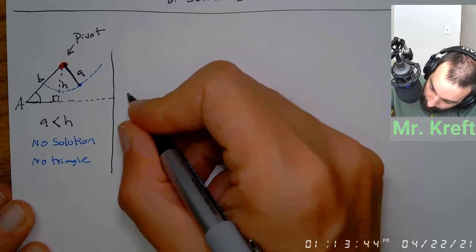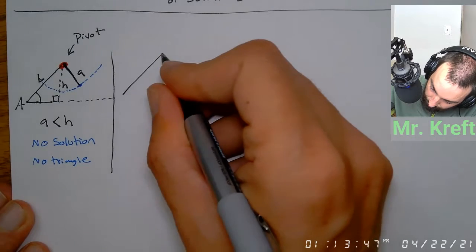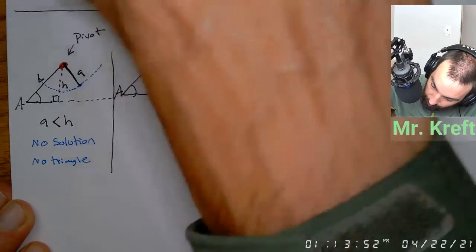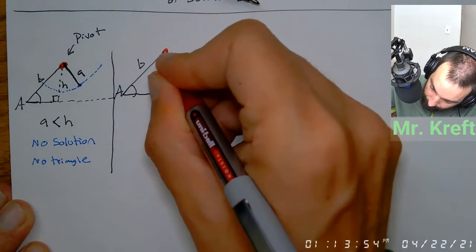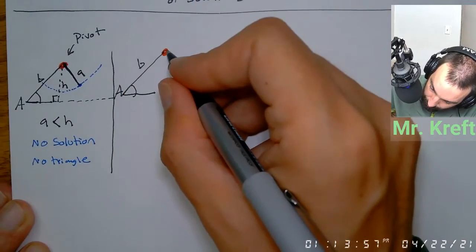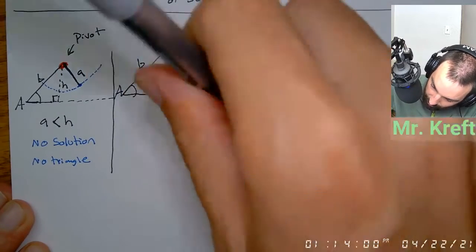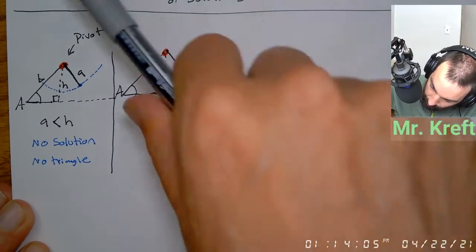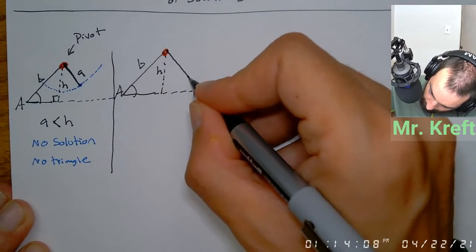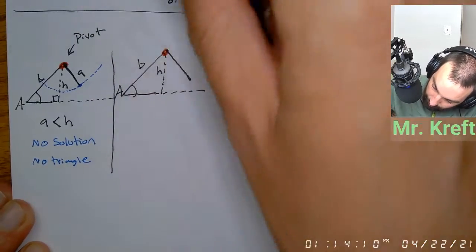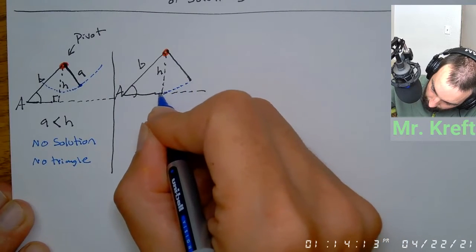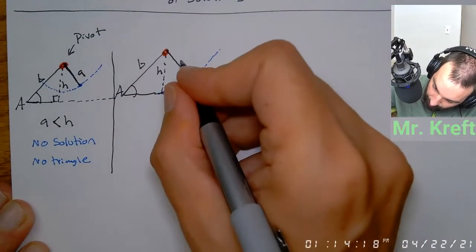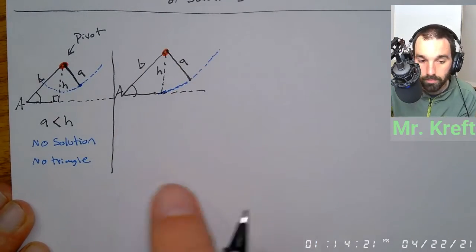The next scenario: again, all of these triangles are going to have the same start. We're going to have an angle A, a side B, and a pivot. But now, what if, I'm going to try to draw this correctly, we have a height. What if this is exactly the height H?